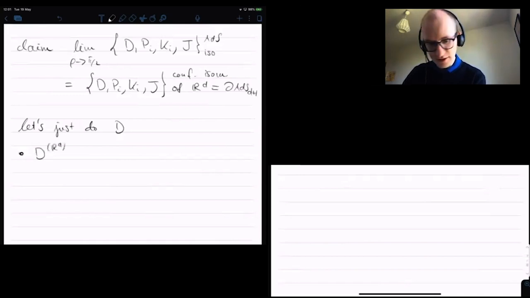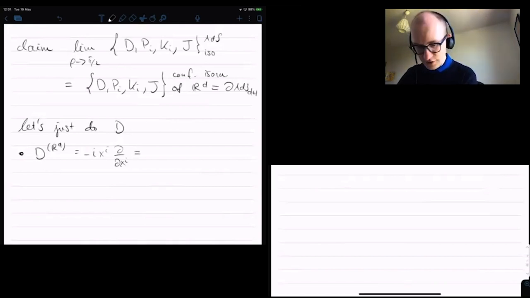So D on R^D, we can of course write this as, you remember all these things, xi d by dxi, but these are now really the boundary directions xi. Well, we were able to write this in terms of the radial time as i d by d tau, which is minus d by dt, where t is i tau.